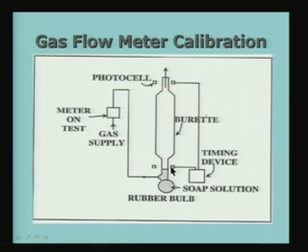And there is a photocell here. When the soap film crosses that, the timing device will start, and when the soap film passes the next photocell, the timing device will stop.